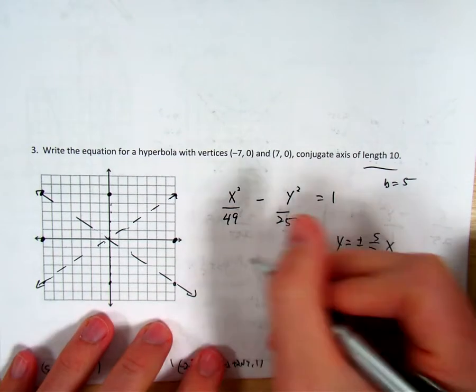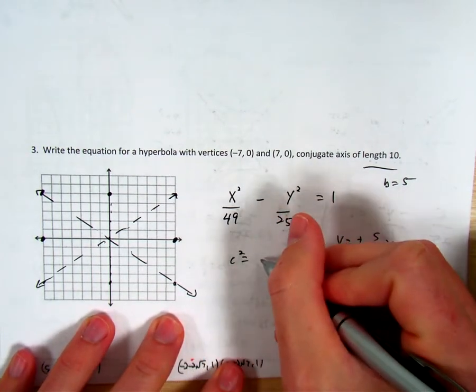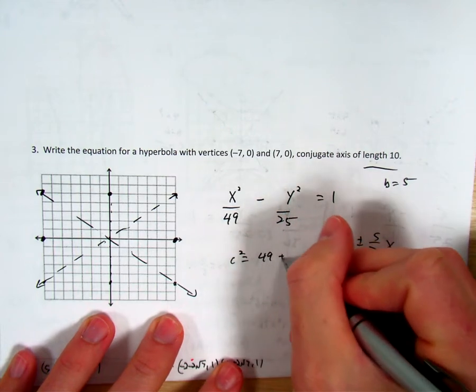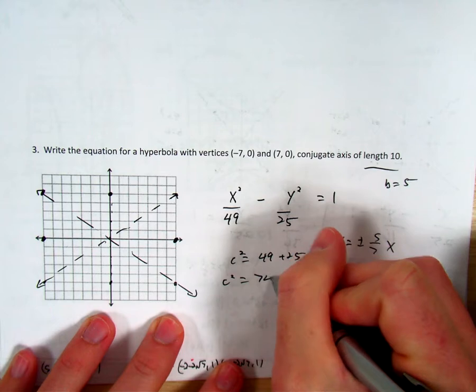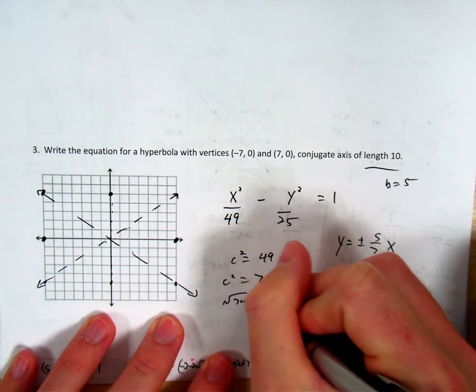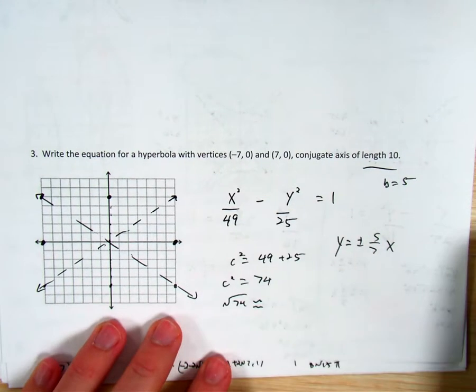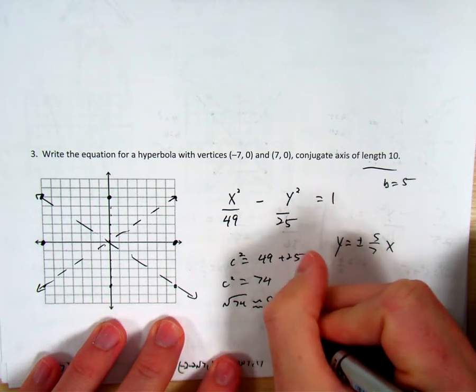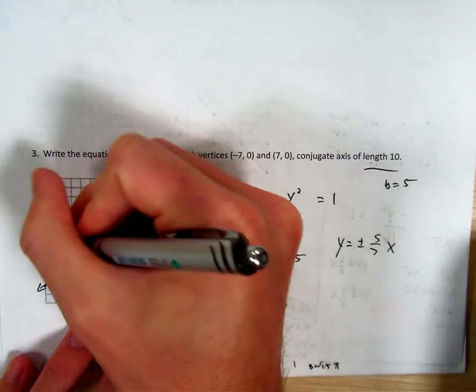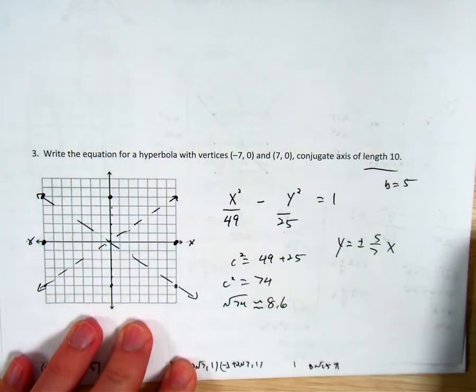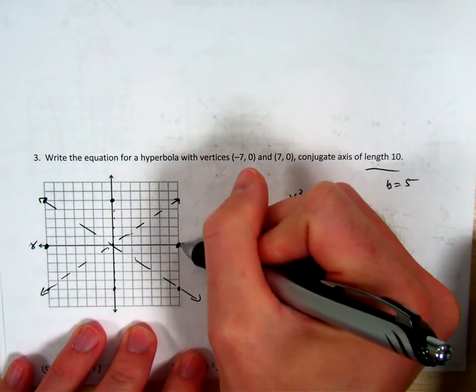Okay, and focus points. C squared equals A squared plus B squared. 74, okay, square root of 74, roughly 8.6. So 7, 8.6, somewhere out in there.